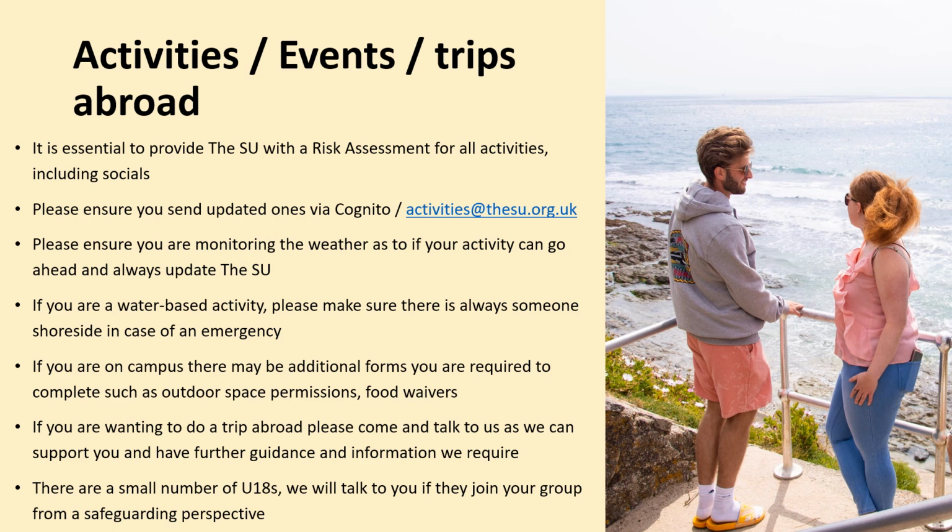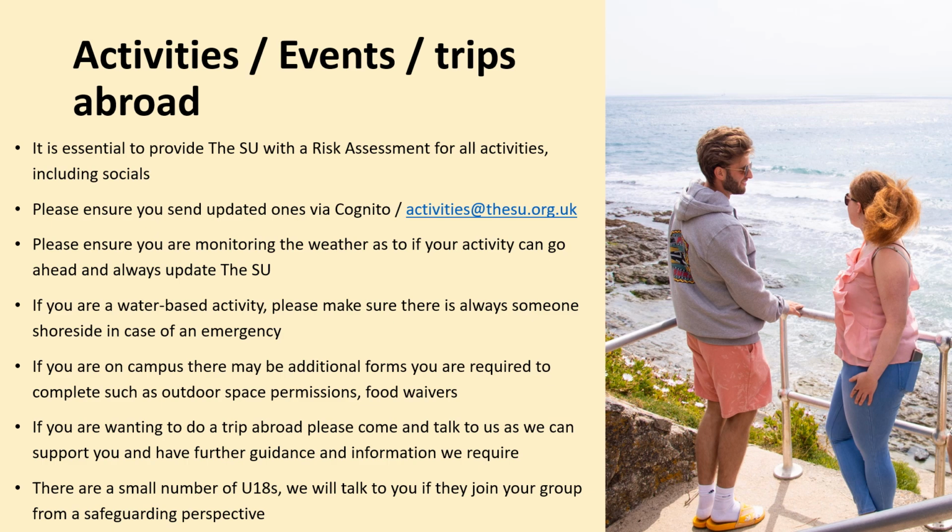So activities, events and trips abroad. It is essential to provide the student union with risk assessments for all activities, including your social events. That is really, really crucial, that for anything that you guys are doing, that you are doing risk assessments for it, and that you are sending updated risk assessments via Cognito.